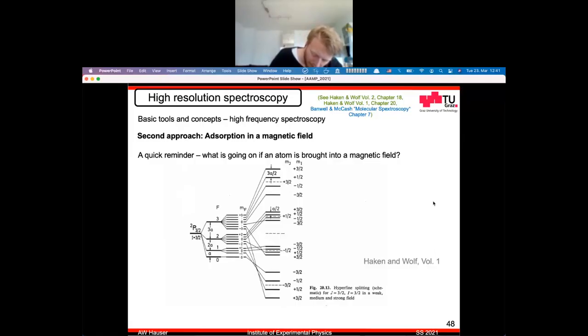And so what we obtain is F. If you look now at the possible combinations of F, it's obvious from the fact that J is 3/2 and I is 3/2 that there can be a minimum F of 0 and a maximum F of 3, right?